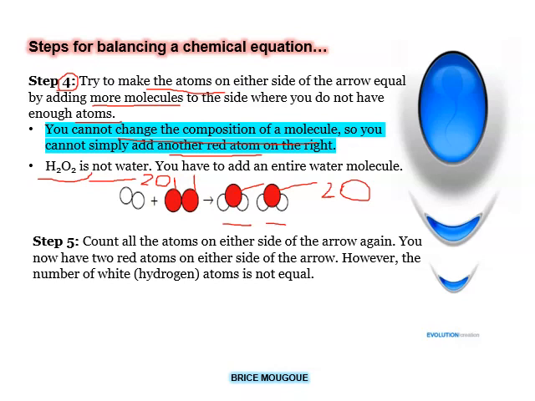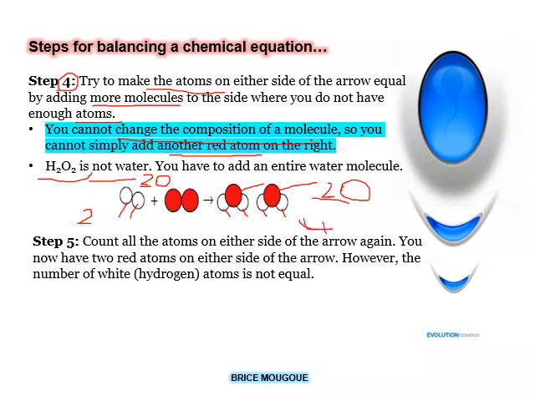But when we look at what we have in total now, we will have to count the atoms on either side, and that will bring us to the realization that yes, oxygen has been balanced out, but when we look at hydrogen, I still have 2 here, and this time I have 1, 2, 3, 4 on this side here.